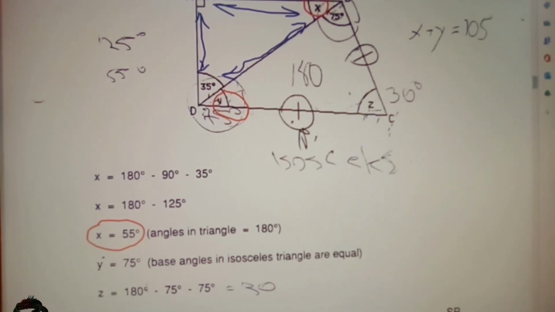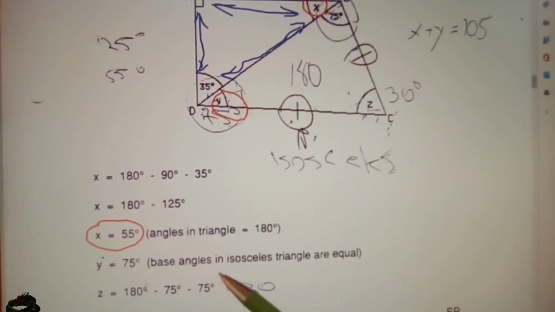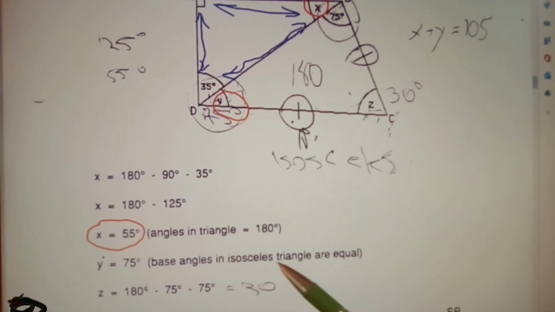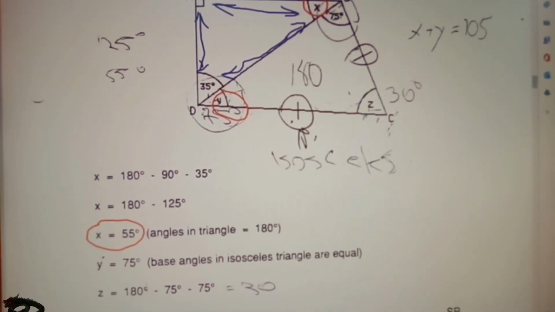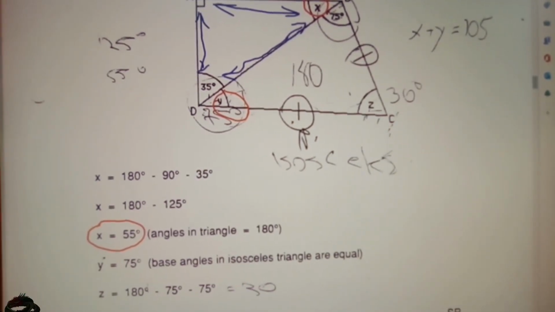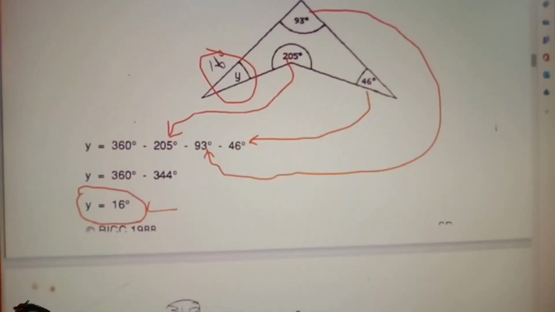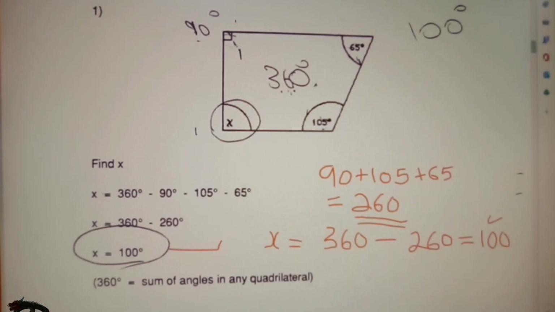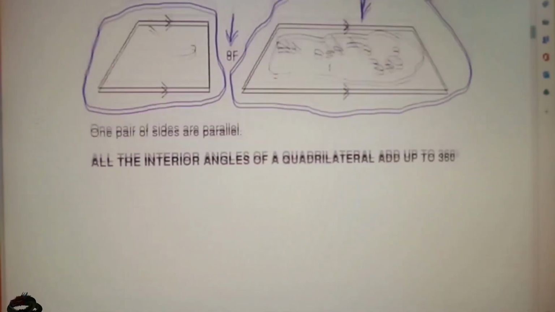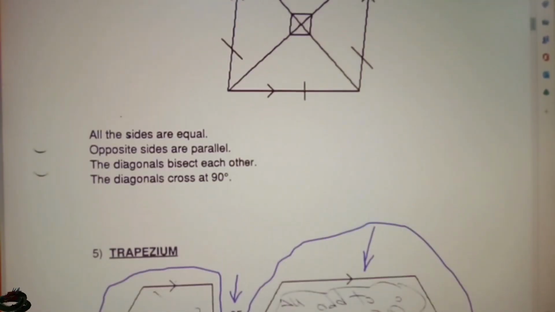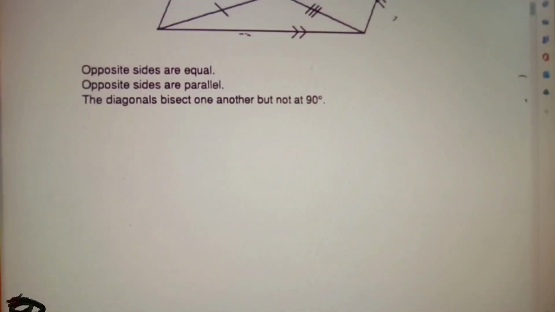Now remember that base angles in an isosceles triangle are equal. So I'm just going back to see if I've missed something in regards to my isosceles triangles.